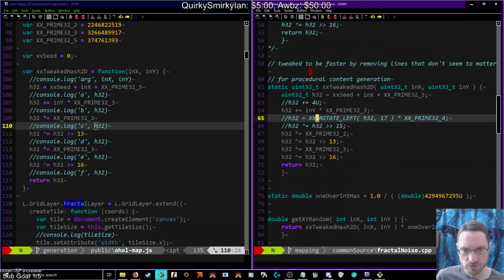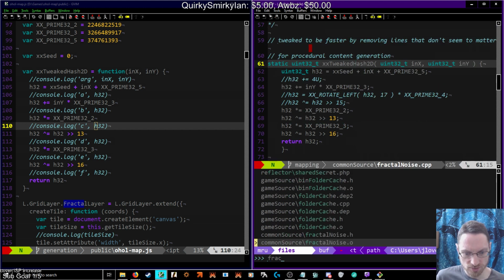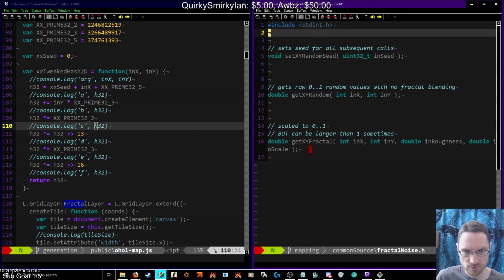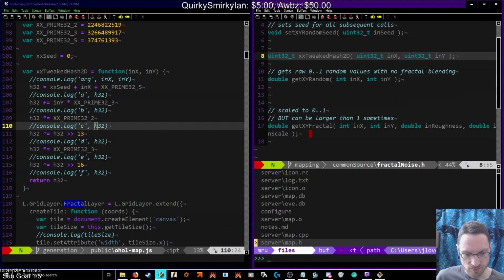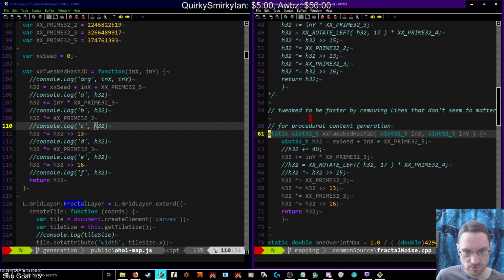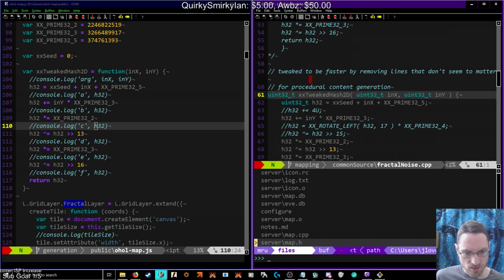All right, fractal noise.h. Oh, it said it was static, so we have to remove that. Where is, oh, the main program is actually in minor gems, isn't it?